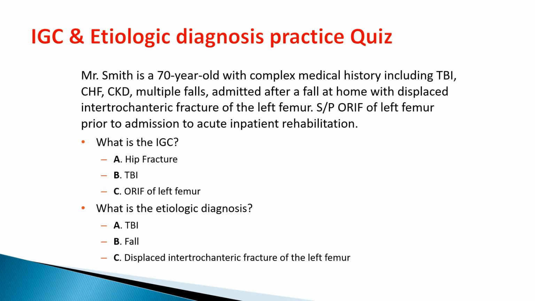What is the IGC? A. Hip fracture. B. TBI. C. ORIF of left femur. What is the etiologic diagnosis? A. TBI. B. Fall. C. Displaced intertrochanteric fracture of the left femur. See next slide for the correct answer.